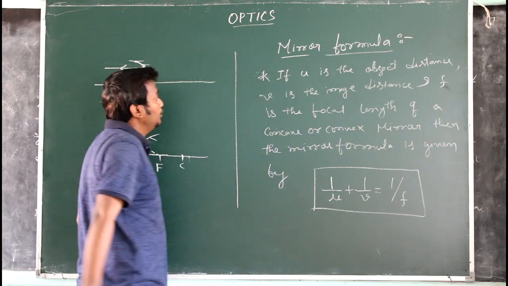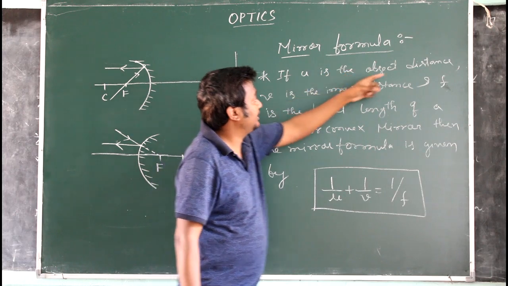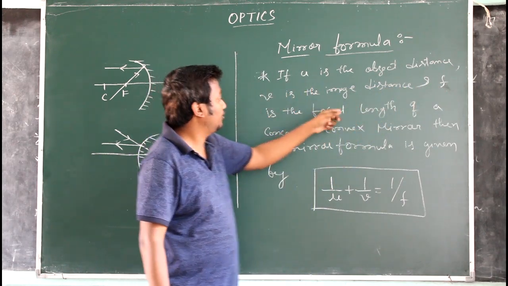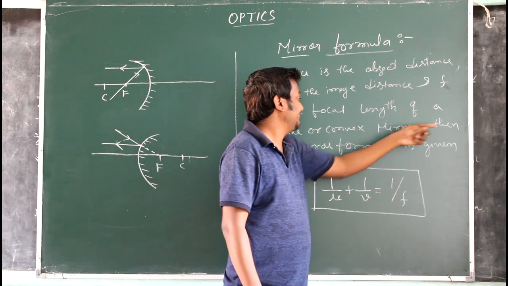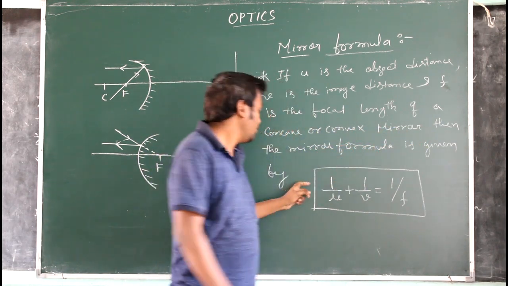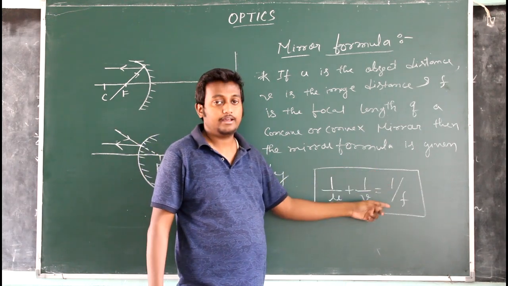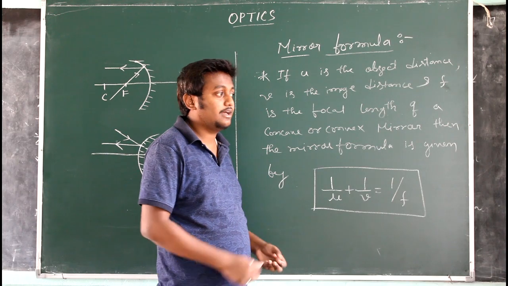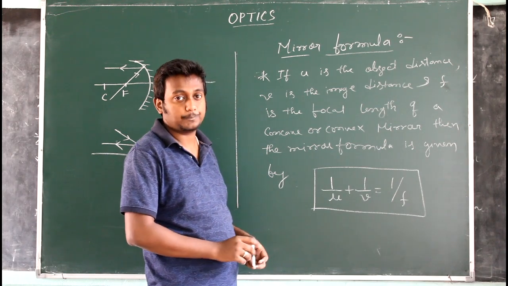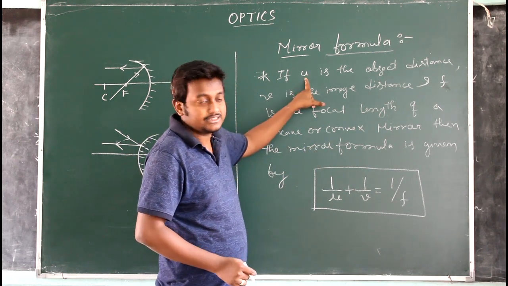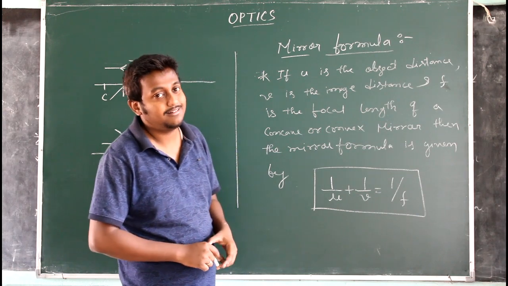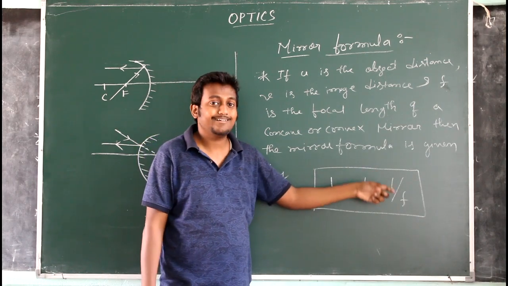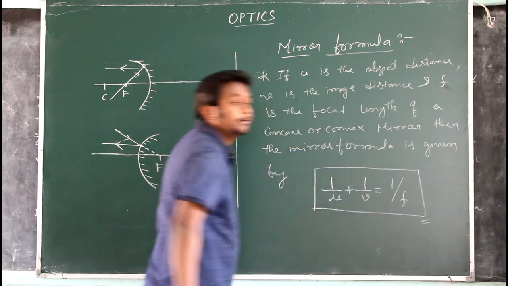Suppose U is the object distance, V is the image distance and F is the focal length of a concave or convex mirror, then the mirror formula is given by 1 by U plus 1 by V equals 1 by F. This is the relation between the object distance, image distance and focal length of a spherical mirror. So this is called the mirror formula.